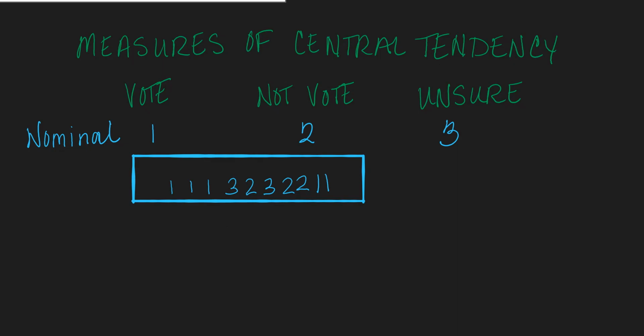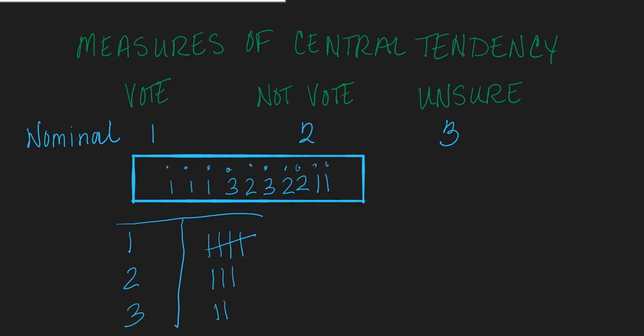So, all I have to do is say, all right, number 1s, how many of those do I have? 1, 2, 3, 4, 5. How many number 2s? 1, 2, 3. And we have 2 number 3s.